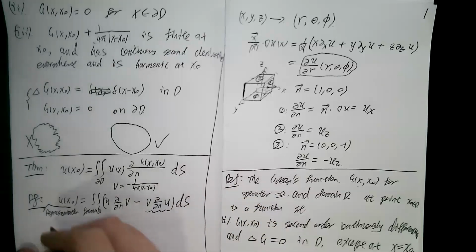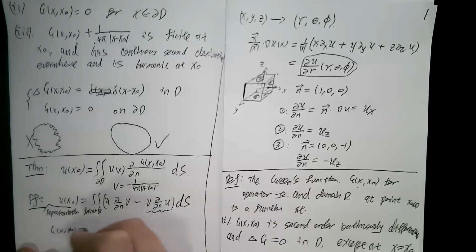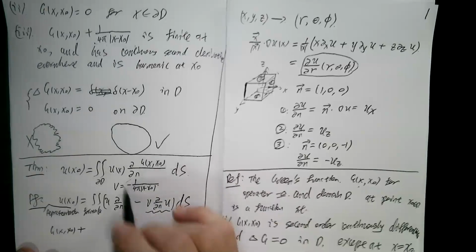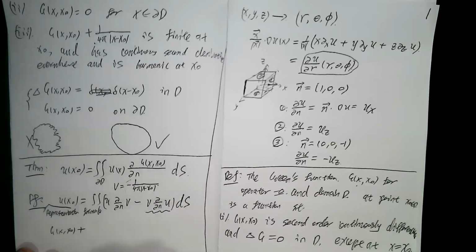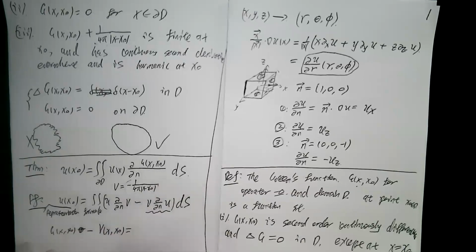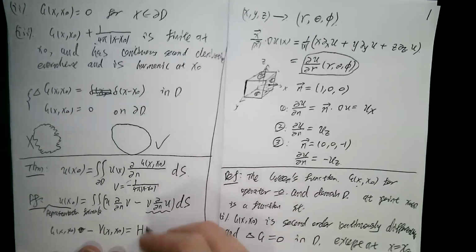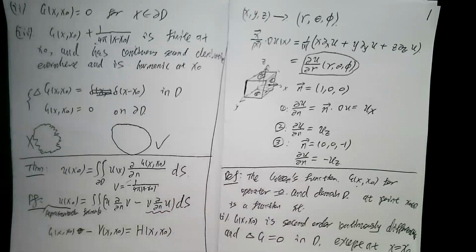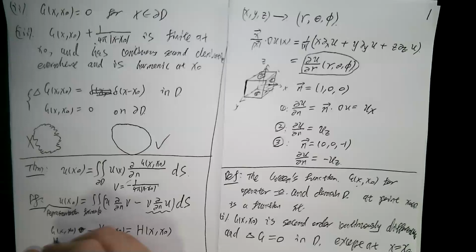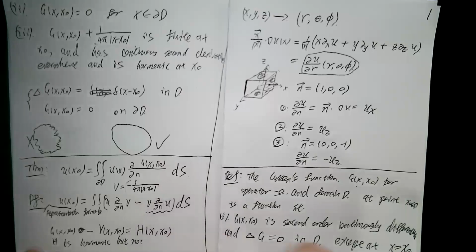We know that G, as long as you subtract this V, you will get a super nice function. Let's call it H. H(x0) is harmonic, but not equal to 0 on the boundary.